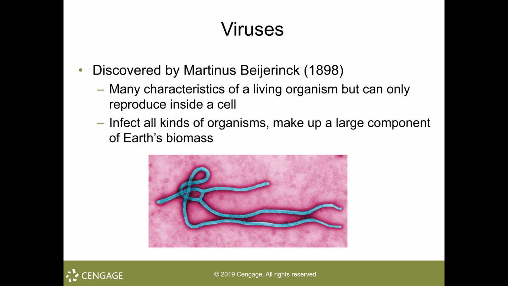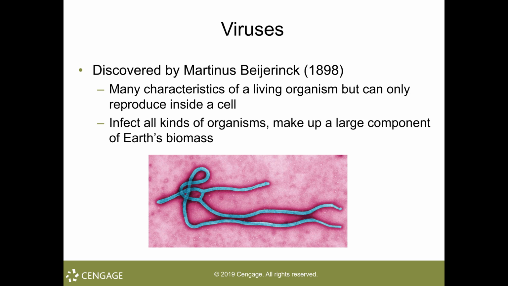They also influence the biodiversity of other organisms by transferring their own genes into the genetic material of their hosts, and they can transfer eukaryotic genes from one organism to another, crossing species boundaries.